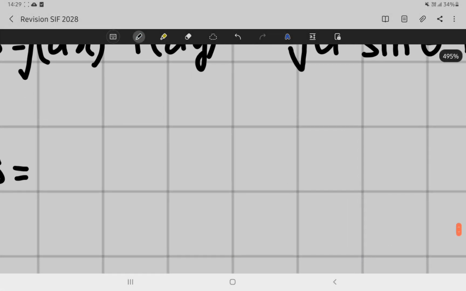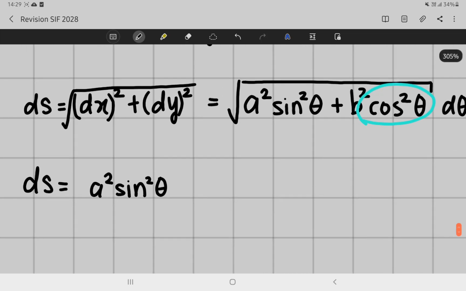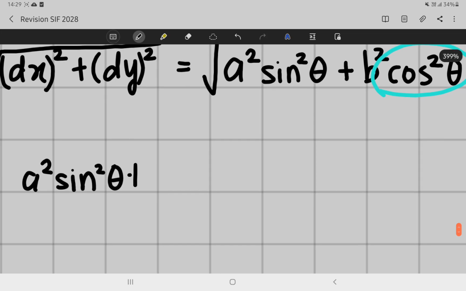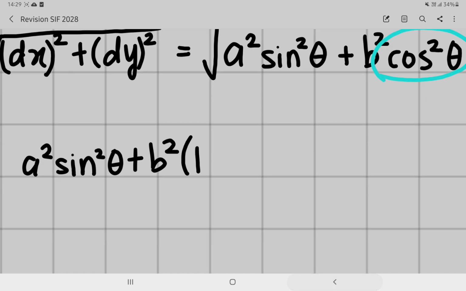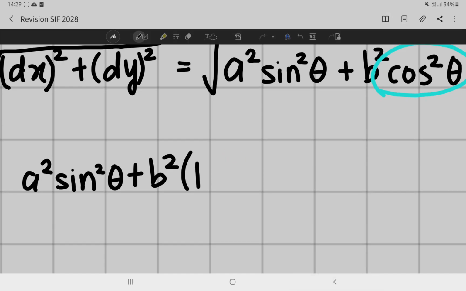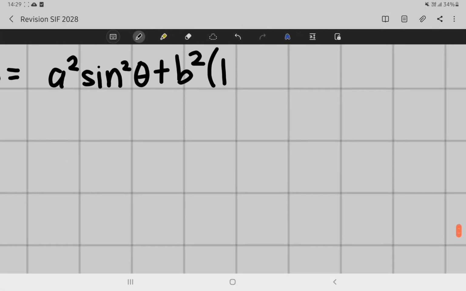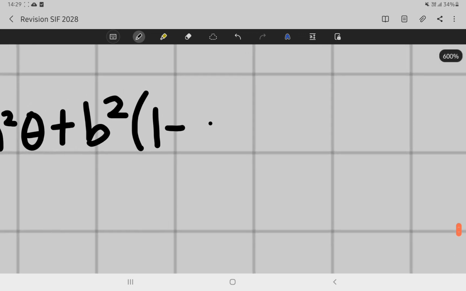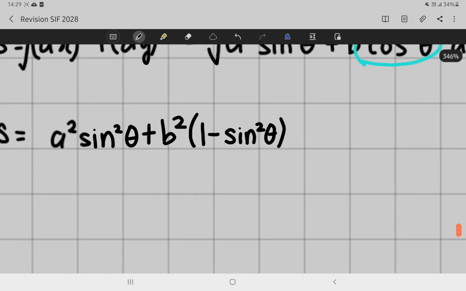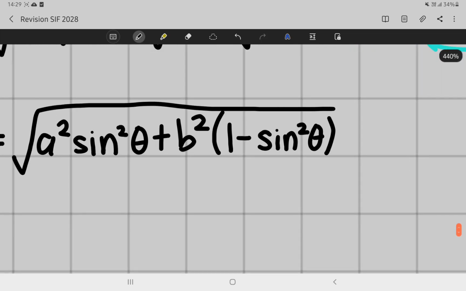So it's a squared sine squared theta plus b squared times (1 minus sine squared theta), d theta.